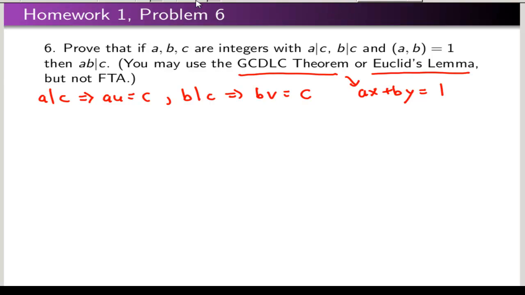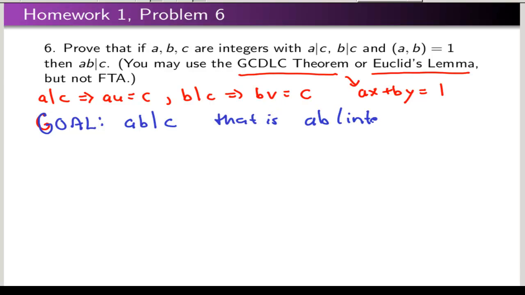Let's state our goal. Goal: AB divides C. That is, AB times some integer equals C. Okay, there's a couple approaches we can take. Okay, the first approach, let's use GCD-LC.